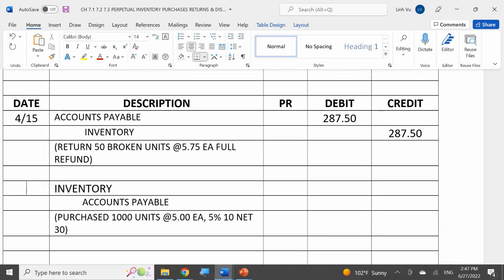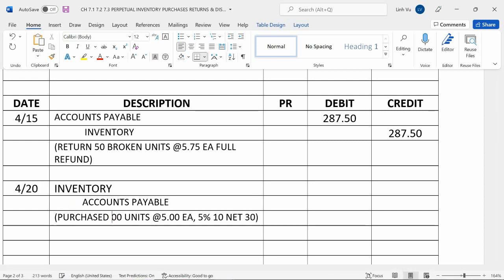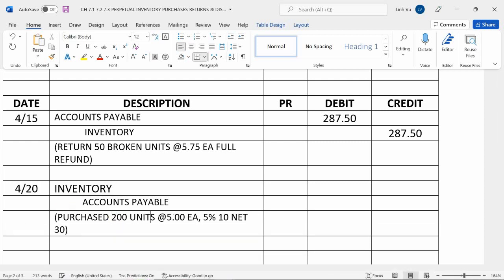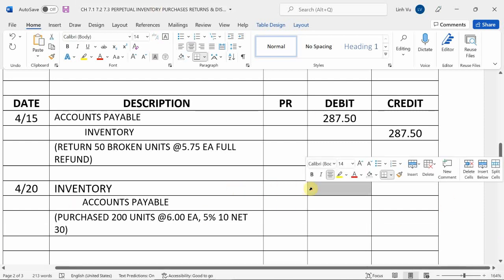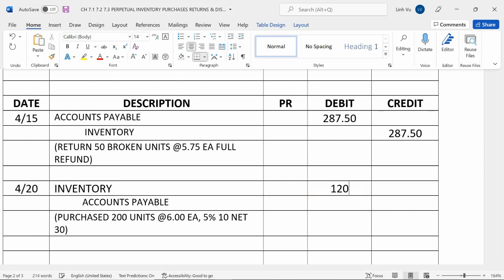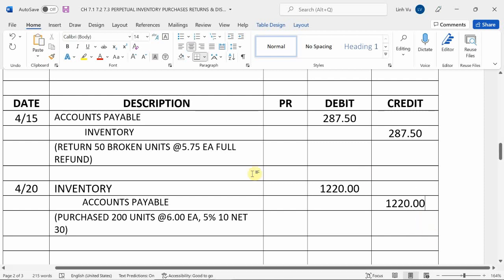It will be the same thing. Inventory would be $1,220 and accounts payable the same. Good.